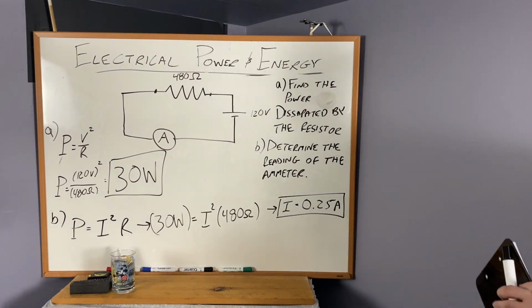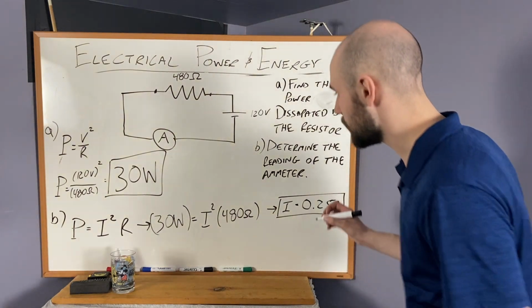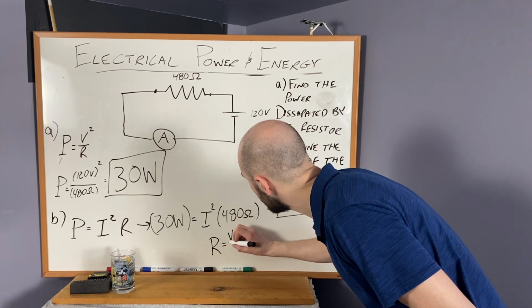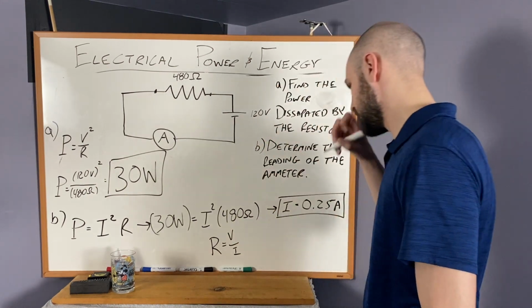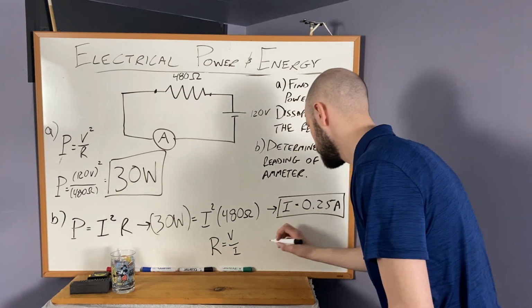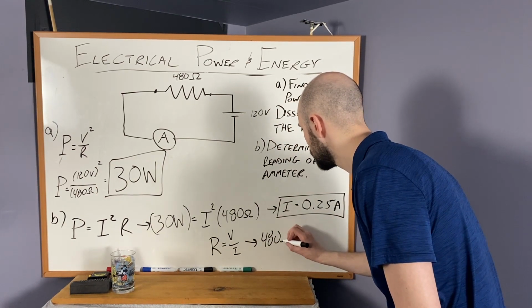Okay. So I said we could do this in two ways. We could use the power, or we could use Ohm's law. If we use Ohm's law, it looks something like this. R is equal to V over I. We know the resistance and we know the voltage. So the resistance is 480 ohms.